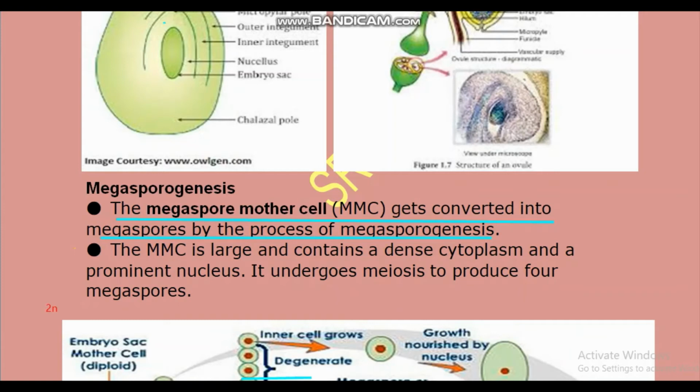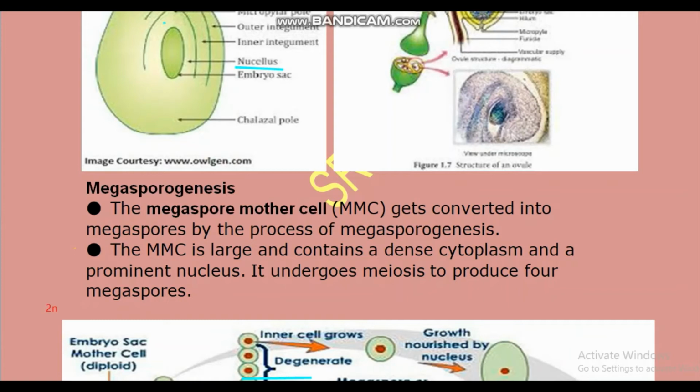In my earlier video, I told you that in the sporogenous tissue of the microsporangium, each and every cell can undergo meiosis. But here in the nucellus, there is a homogeneous tissue, and only a very few cells can undergo meiosis. All the cells are not capable of undergoing meiosis.